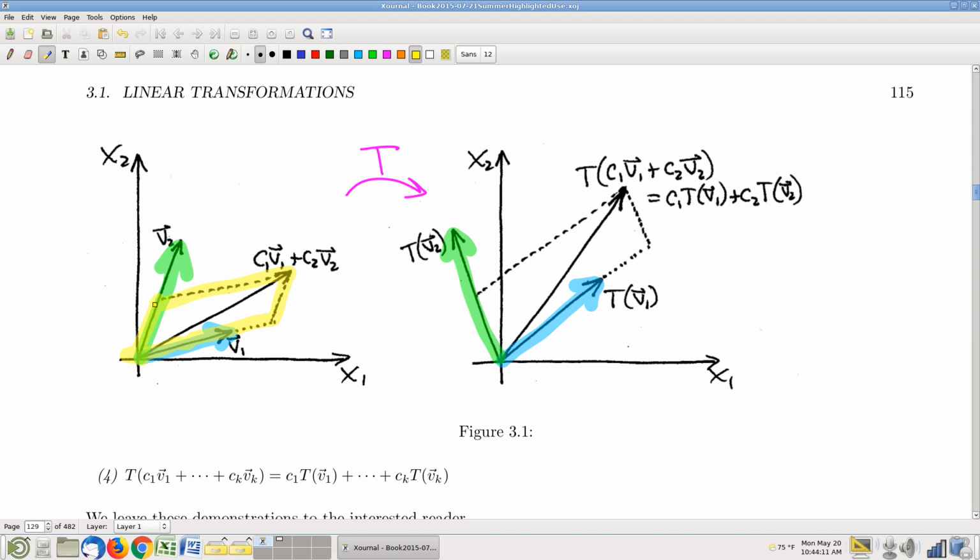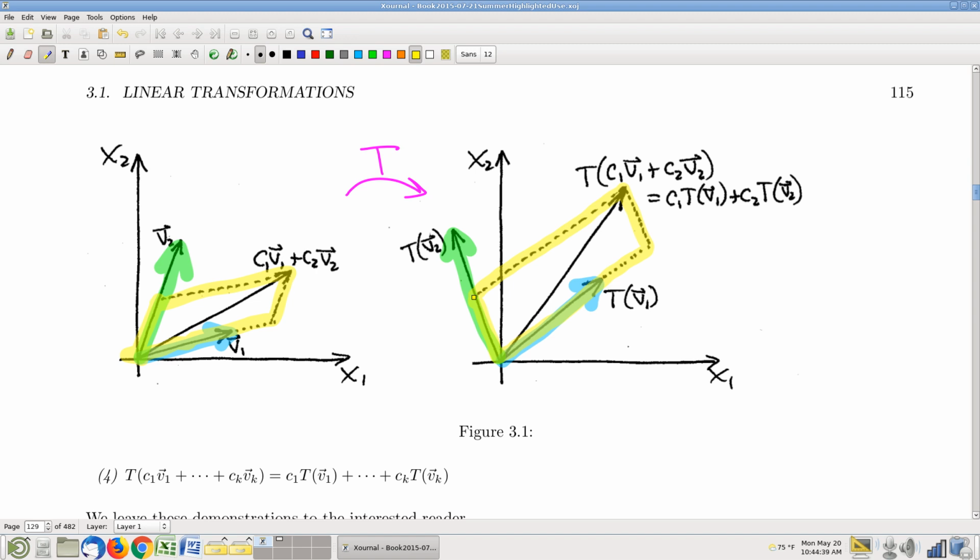So this parallelogram represents a linear combination of v1 and v2. This parallelogram over here represents a linear combination of T of v1 and T of v2, the same linear combination: about 1.5 of the first vector, about half or so of the second vector.